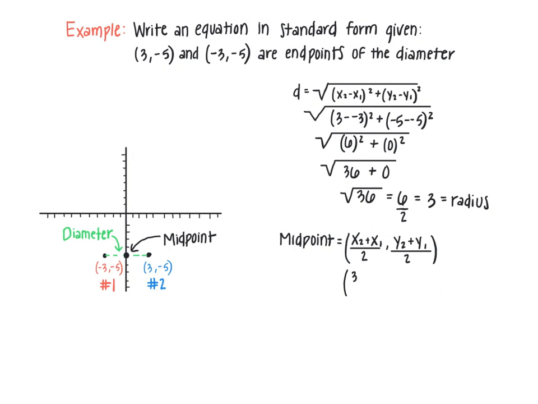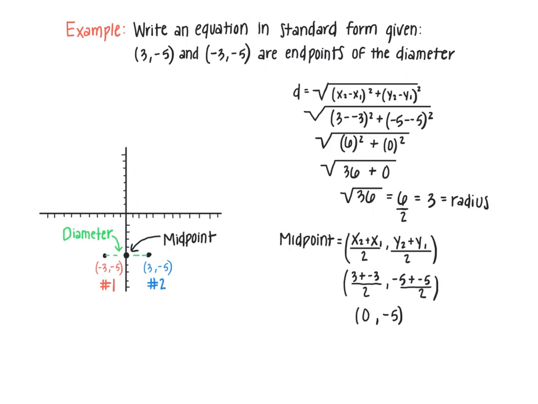So we have 3 plus -3 divided by 2, comma, -5 plus -5 divided by 2, which gives us 0 divided by 2, which is 0, and it gives us -10 divided by 2, which is -5. So now I know I have a circle with a radius of 3 and a center at 0, -5.